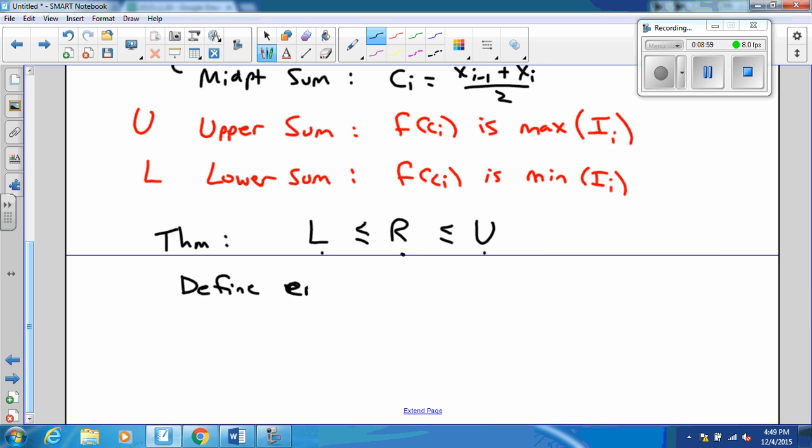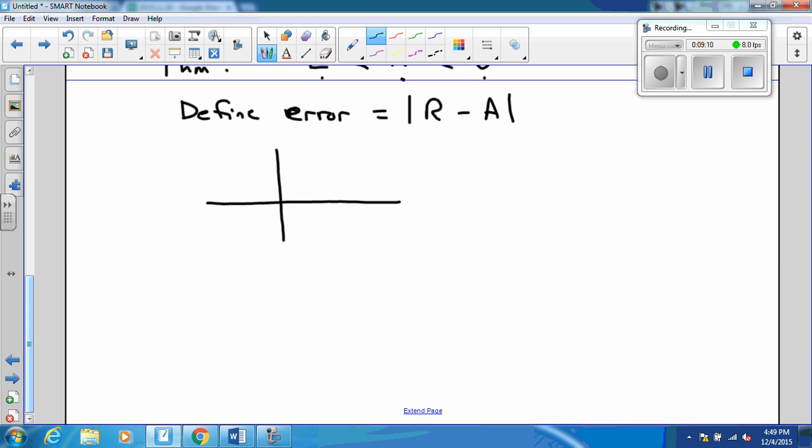So that's our first important thing. And then I also want to define the error in our estimation as the absolute value of the difference between a Riemann sum and the true area, right here. And the error has a visual representation. If I take a curve, f of x, and I'm going to try to estimate the net signed area from A to B, and let me do a really simple partition, and I'll do an upper sum on this partition, so that we choose the max on each subinterval.